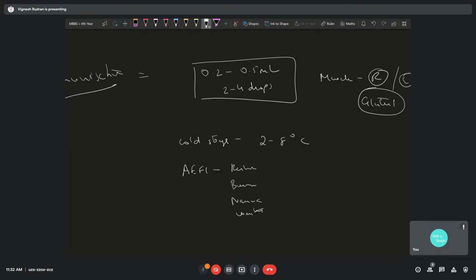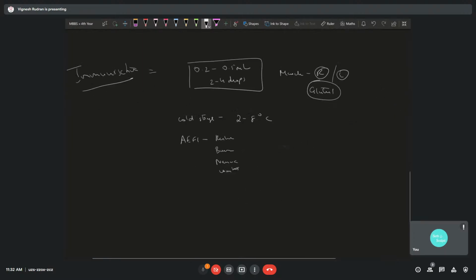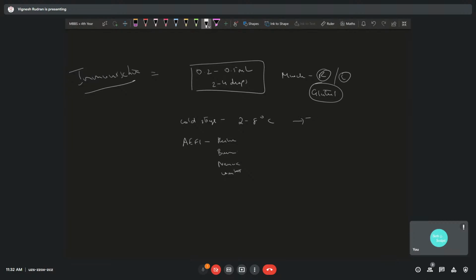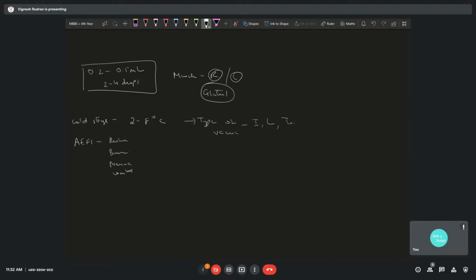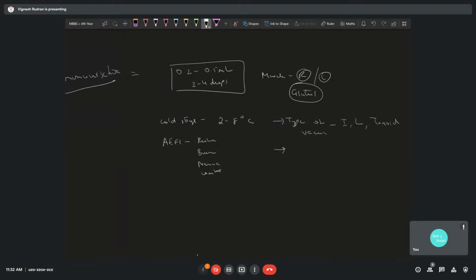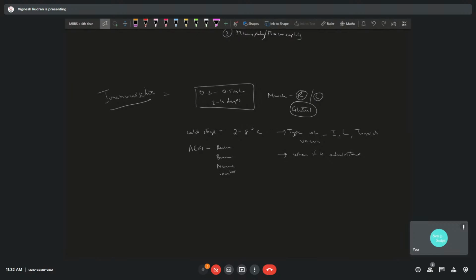All of these you can mention for all of your vaccines. Other than that, your specific points are going to be your type of vaccine. So it can either be an inactivated or live vaccine, or it might have some toxoid containing vaccine. And then when it is administered. These are all the common points which you can use for writing almost any vaccine.